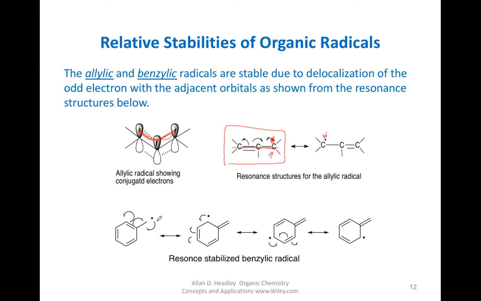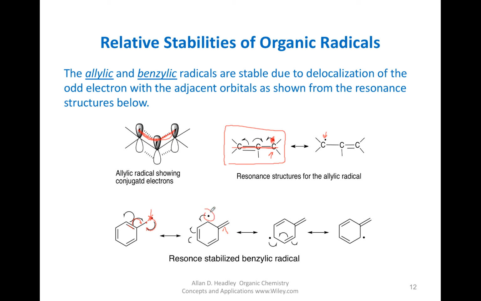The benzylic also, here's the benzylic carbon, and here's the benzylic radical. That odd electron in that p orbital of the sp2 carbon that's here, this odd electron can be delocalized throughout the ring or throughout the adjacent pi structure. So to illustrate that, we use arrows, and as you can see here, these electrons can move here to form this double bond, and one of these electrons goes here.